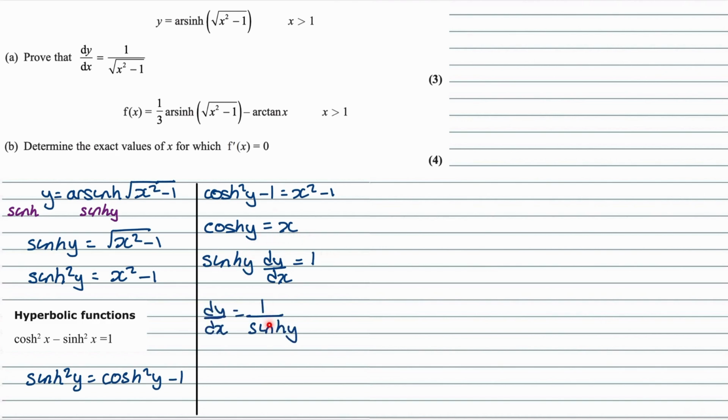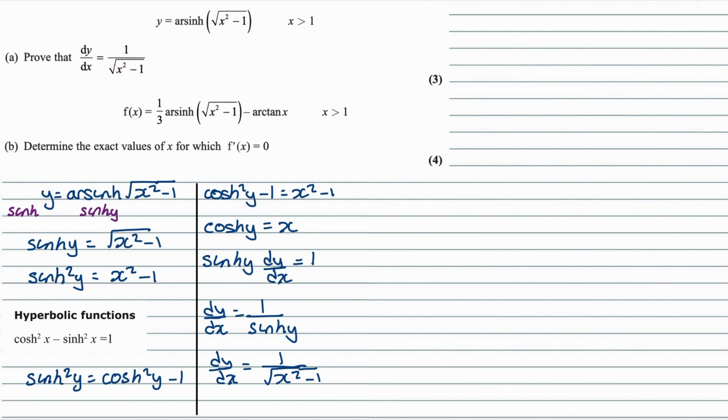So we get 1 over sine y. Now at this point, we know that sine y is given as the square root of x squared minus 1, so we can substitute this term in place of sine y. So dy by dx will be 1 over the square root of x squared minus 1. And that's what we were asked to show here, okay?